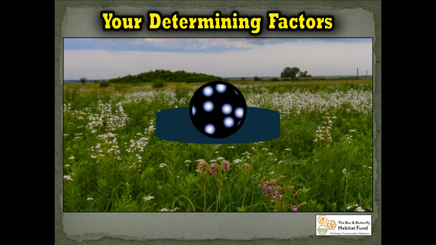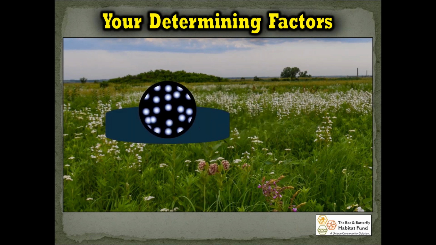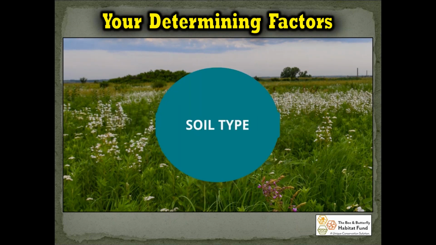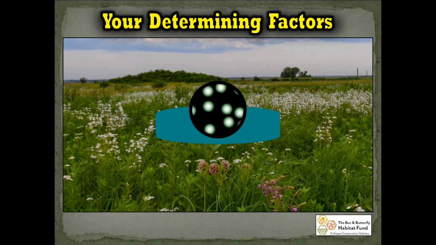So all kinds of plants in the country, not all of them are going to work in your area. So wherever there's a hole, that represents a plant that will work in your area. Soil type, same thing. Maybe you're sandy. Maybe you have clay. Maybe it's wet. Maybe it's dry. Whatever your project's objectives are, wherever there's a hole, that represents a plant that's going to work.